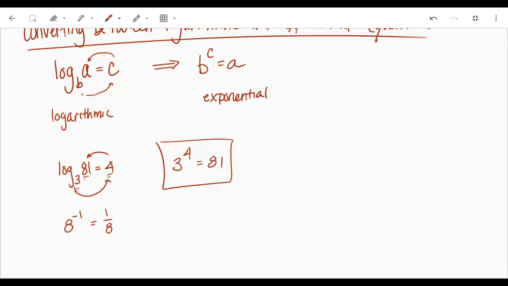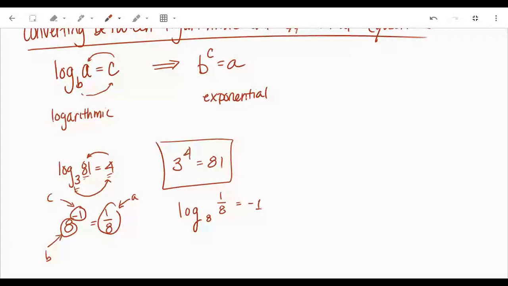Then they give me 8 to the negative 1 equals 1/8. Now we're going in the opposite direction, which I think is the trickier one for most kids. This is b, this is c, and this is a. So we'll have log base b, so base 8, of a, of 1/8, equals c.